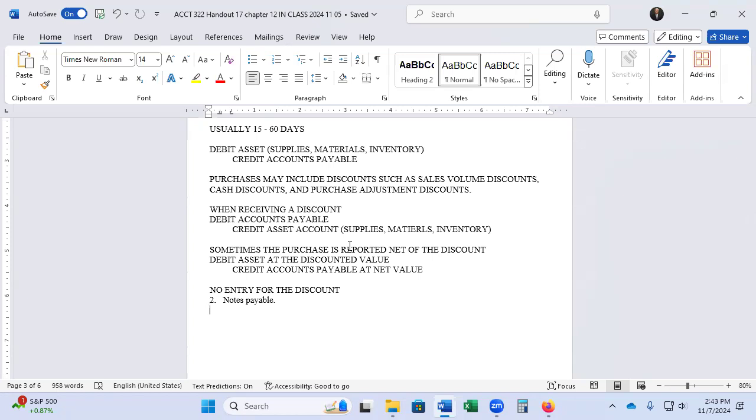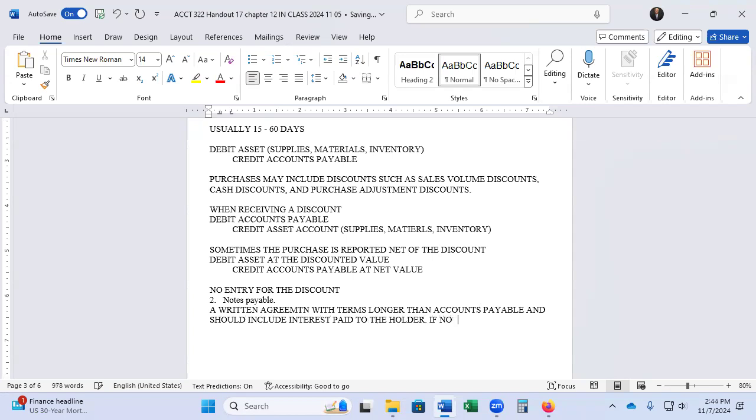Notes payable. What are notes payable? A written agreement with terms, longer than accounts payable, and should include interest paid to the holder.